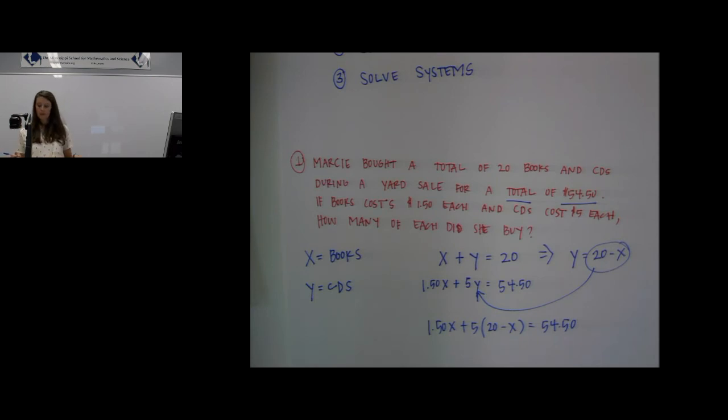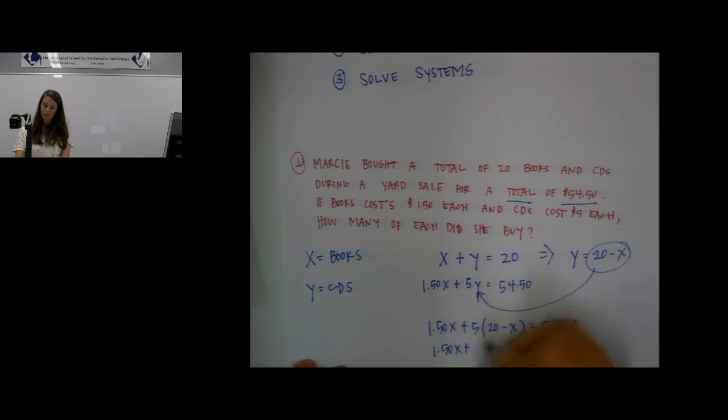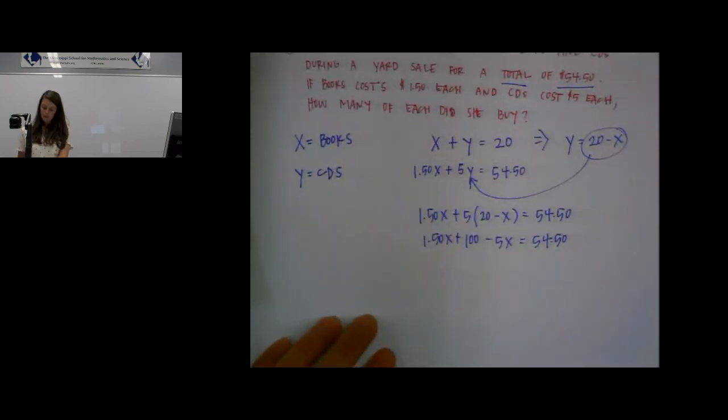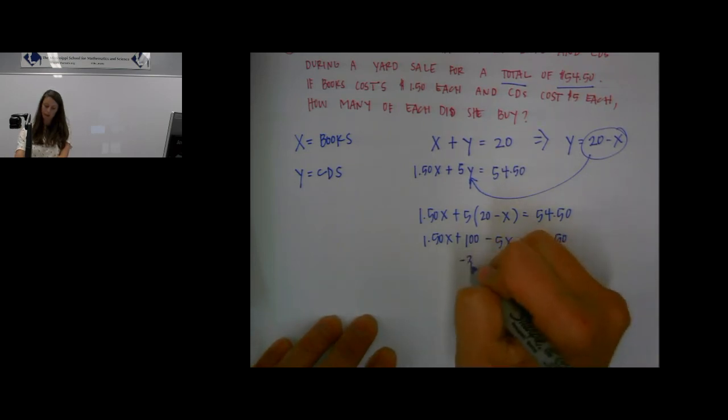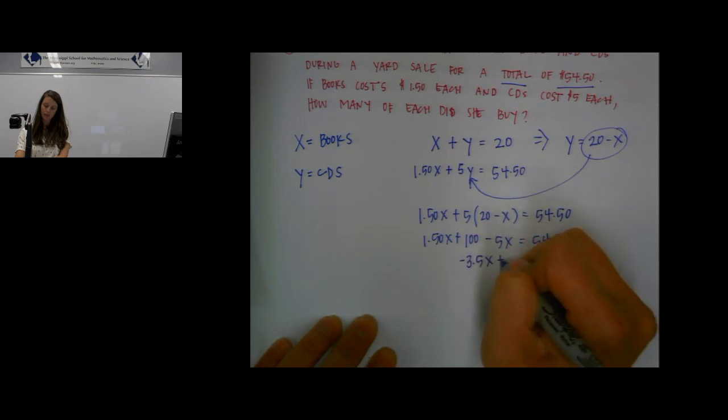So I'm going to have $1.50X plus 5 times 20, which is 100, minus 5X, is equal to $54.50. So a negative 5 plus 1.50 is going to be a negative 3.5X plus 100.